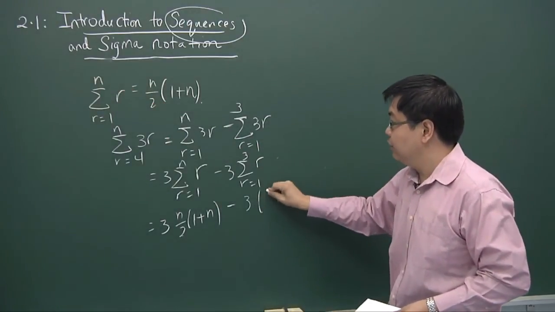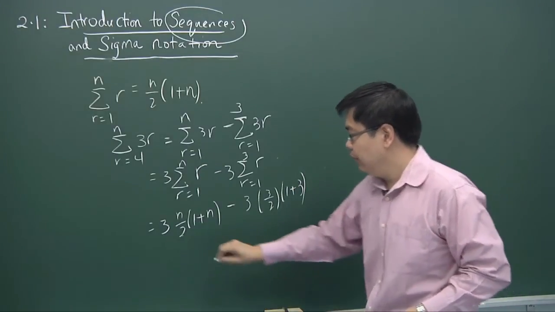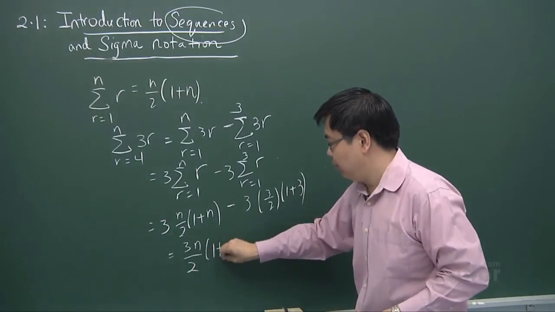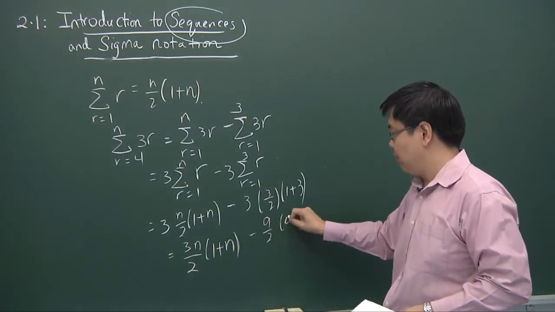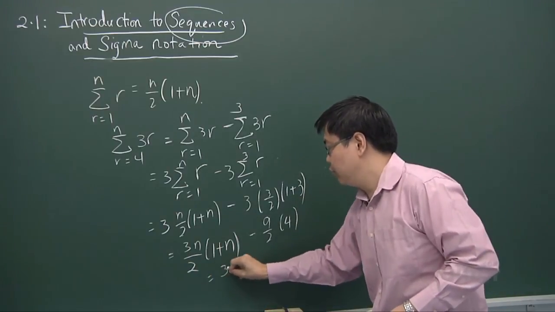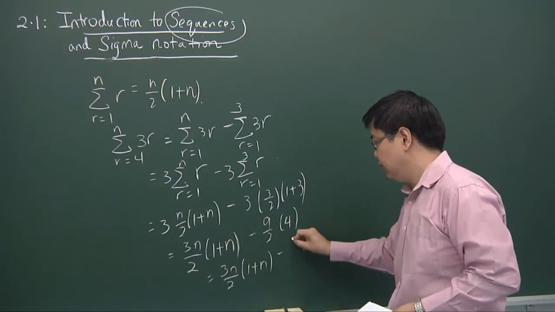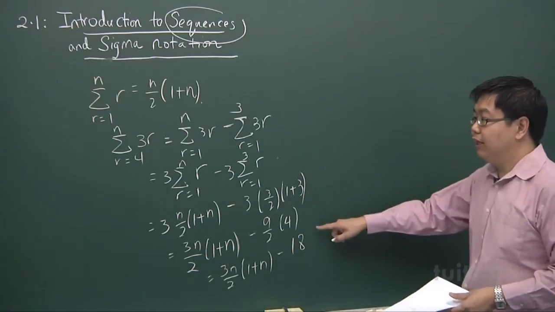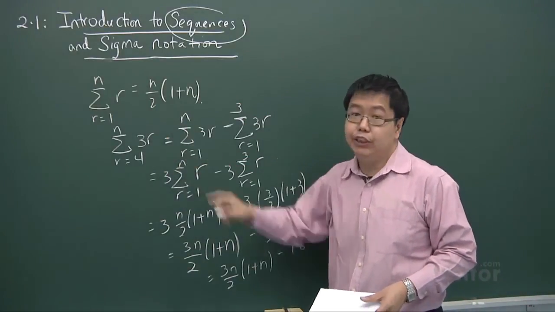So you have it as 3 over 2, 1 plus 3. So that gives me 3n over 2 into 1 plus n minus 9 over 2 multiplied by 4. So that gives me 3n over 2, 1 plus n minus 18. Okay. So this formula will allow you to find expressions of this nature.